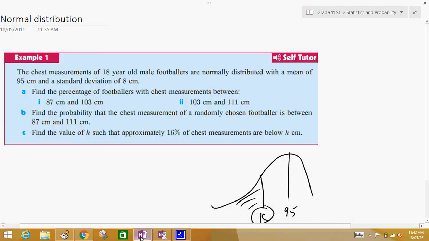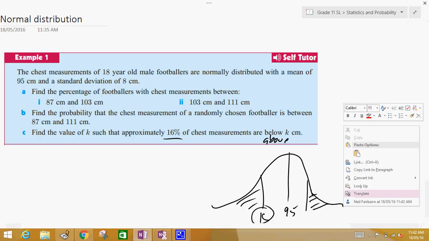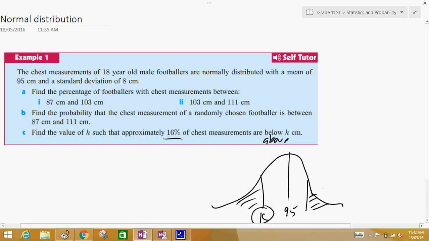Okay? Only thing that's tricky about this question is sometimes they say 16% are above. So it would be this, is 16% or above. Just realize that in the calculator, the percentage or the area only goes to the left. So instead of writing 16%, what you would be writing is 84%.